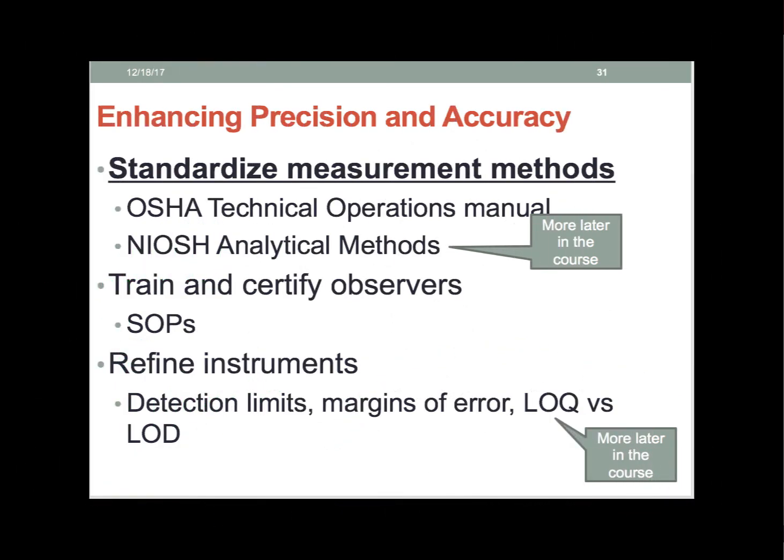So we're trying to ensure that we minimize our errors. And we want to minimize our errors due to imprecision or errors due to inaccuracy. So when we choose our sampling method, we have to ensure that it will measure at the level that we want it to, the agent of concern, and that there isn't anything that'll conflict with our measuring of whatever it is that we're measuring.